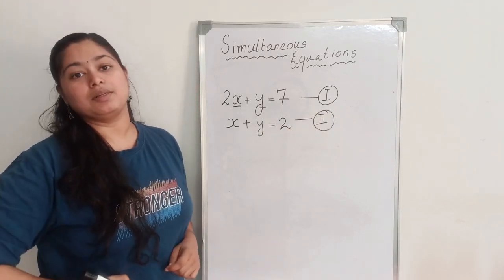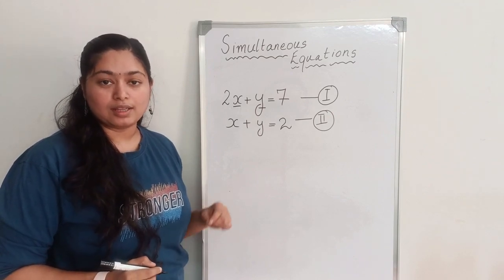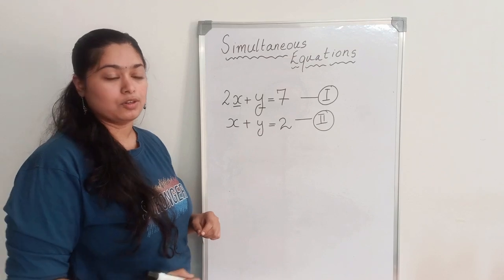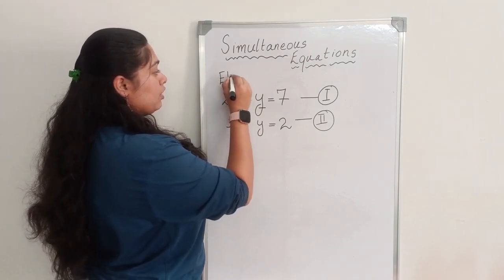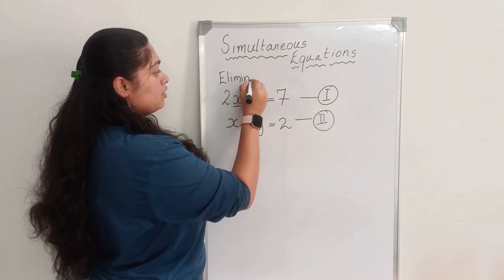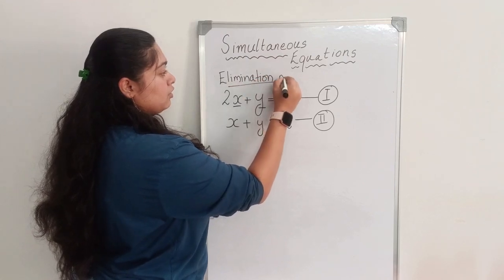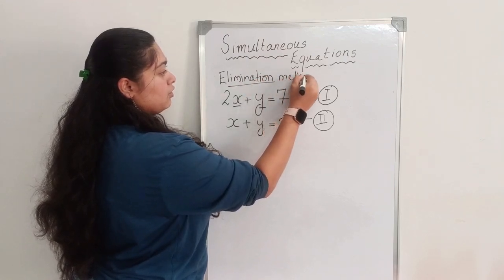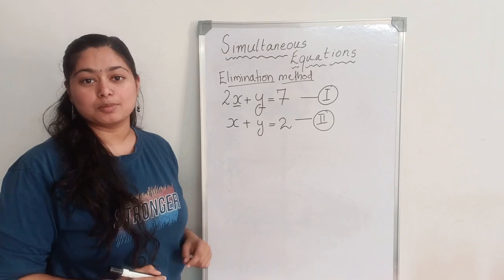To solve simultaneous equations, we have three different methods. And today in this video, I would like to introduce the elimination method. Personally, this is my favorite method because it is easier.